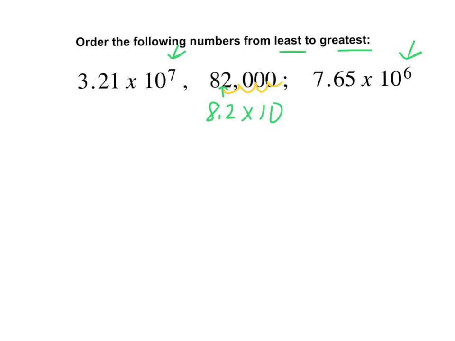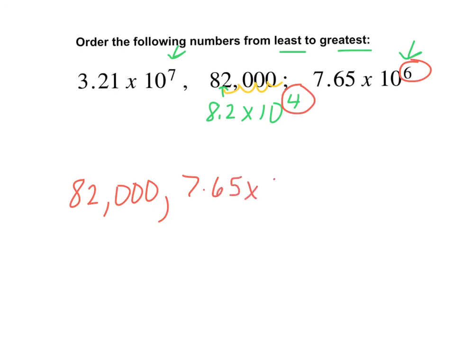So 10 to the 4th power. And now I would just line them up by order, looking at the exponents. The power of 4 would come first. The power of 6 would come next. And I'm writing these original values back down when I put them in order. And then the power of 7 would come last.